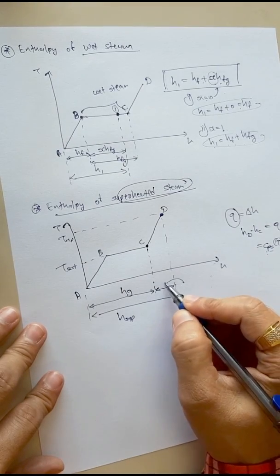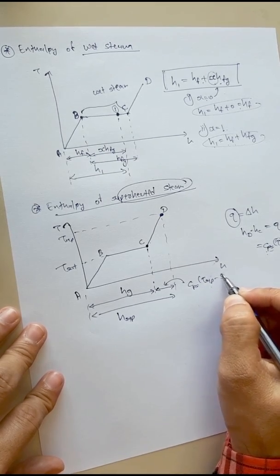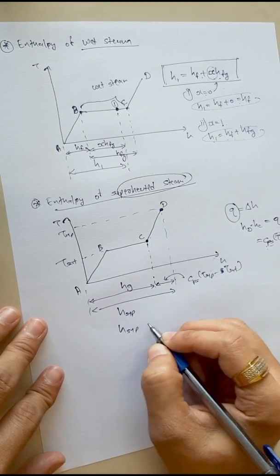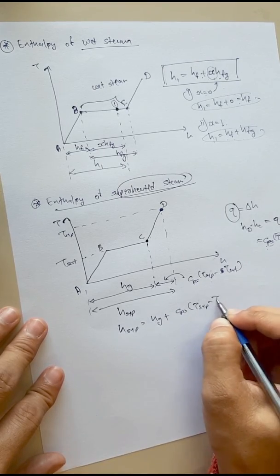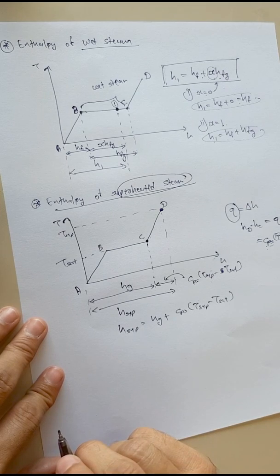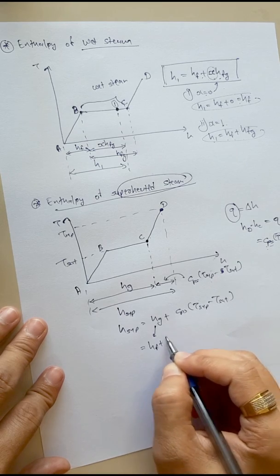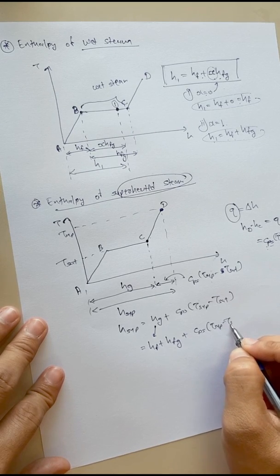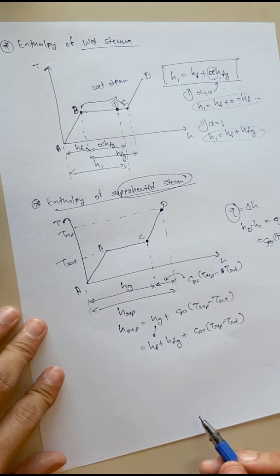So we can write H super is equal to Hg plus Cps times T super minus T saturated. We can further divide this Hg into Hf plus Hfg. Based on the data given in the example, you can select any of these equations.